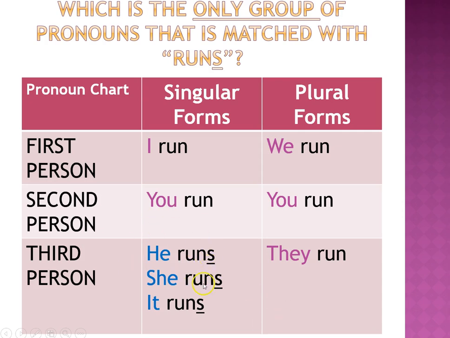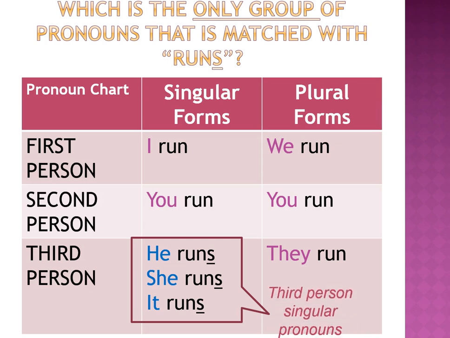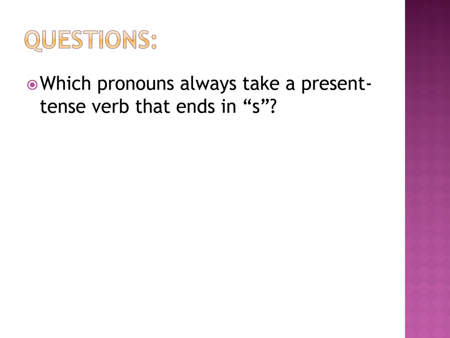He runs, she runs, it runs. Interesting. The only group of subject pronouns that is matched with a present tense verb that ends with S, runs, is our group of third person singular pronouns. I told you, they are special. And if we can understand this, we've got subject-verb agreement.